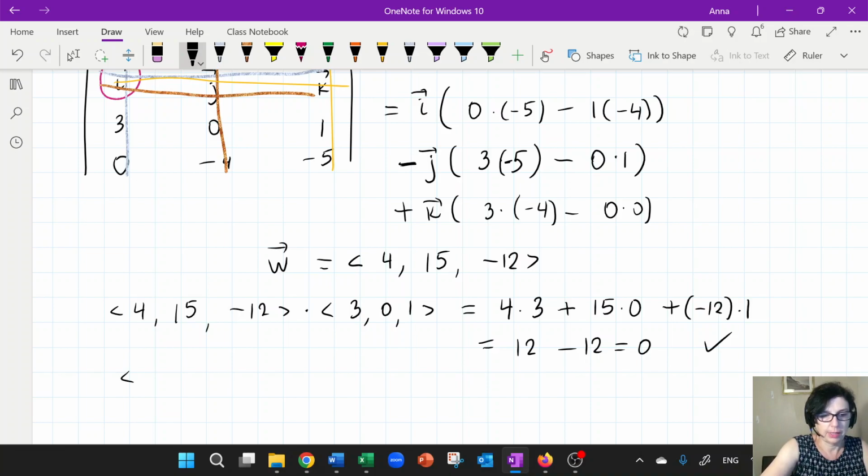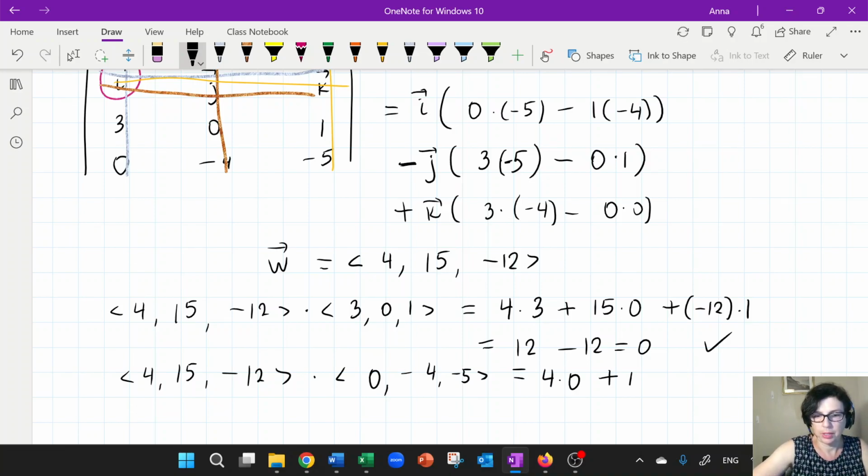Now I do exact same thing, and I'm going to find the dot product of my answer with the second vector, and it better work because I've already done so much work. So 4 times 0 plus 15 multiplied by -4, and then plus -12 multiplied by -5.